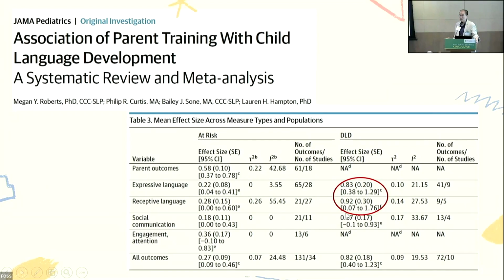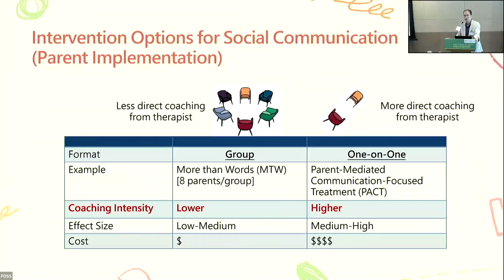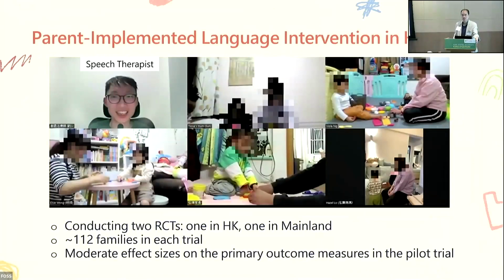Receptive language is especially noteworthy because if you look at the data from 4 years of age and on, a lot of data is suggesting that receptive language treatment actually doesn't work very well. Therefore, catching the children early in infancy and toddlerhood is very important because it can result in really good treatment effects. So what we did, I'm going to skip this.